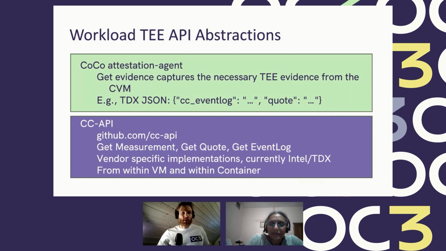The attestation agent is capable of providing the evidence through the simple get evidence interface. And a very similar project called CCC API is working towards similar goals, but the API definition is slightly different, so it goes into more detail to get the individual evidence pieces, like get measurements, get quote, get event log separately.